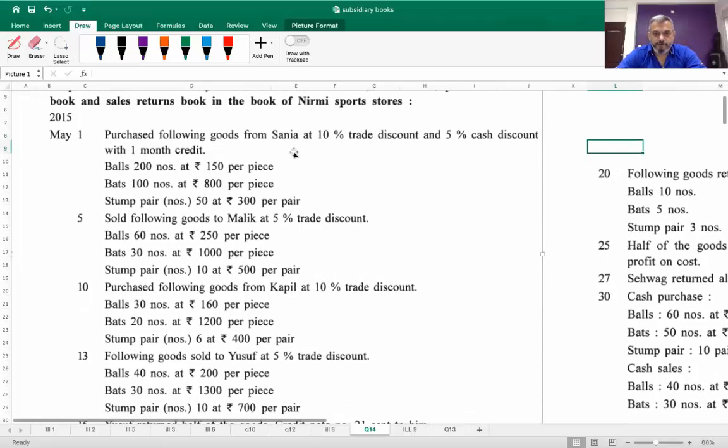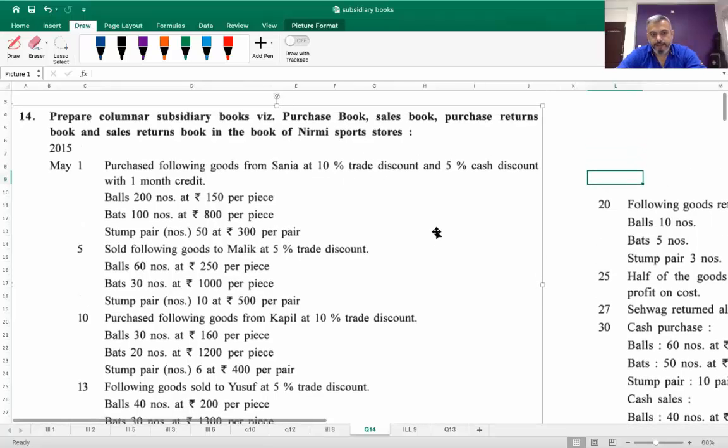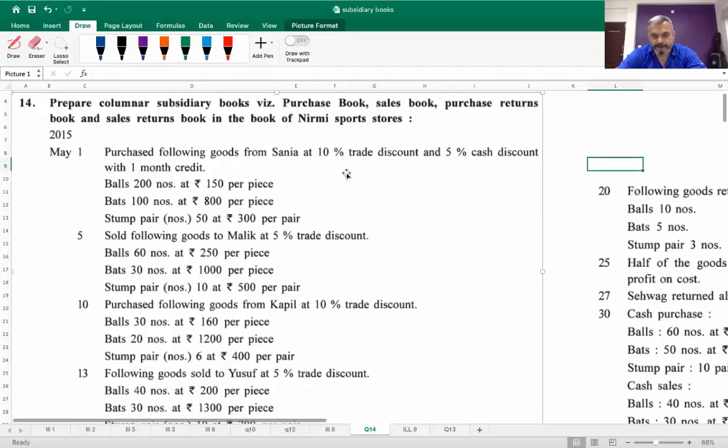Purchase following goods from Sanya at 10% trade discount and 5% cash discount with 1 month credit. Balls 200 at 150 per piece. Bats 100 at 800 per piece and stump 50 at 300 per pair. So trade discount is there, so be careful, underline the trade discount.